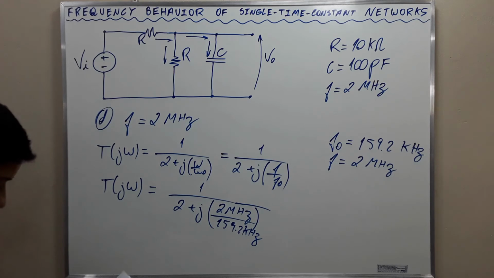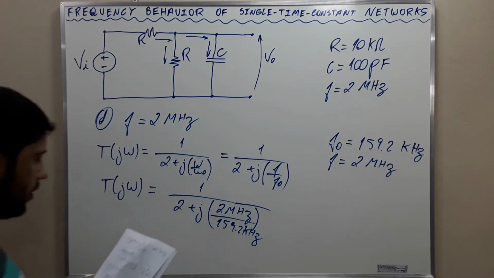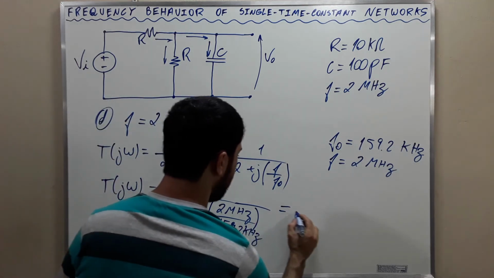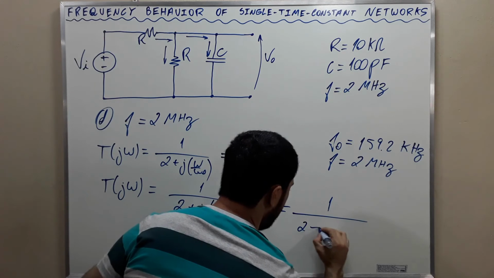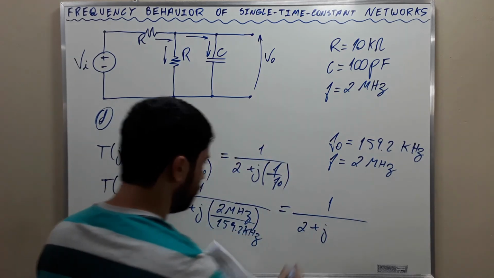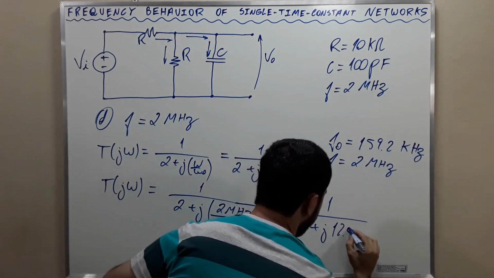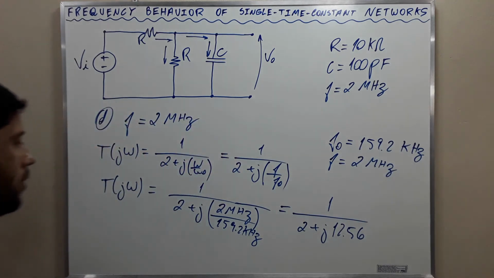And then we find that this is equal to 2 plus j12.56.